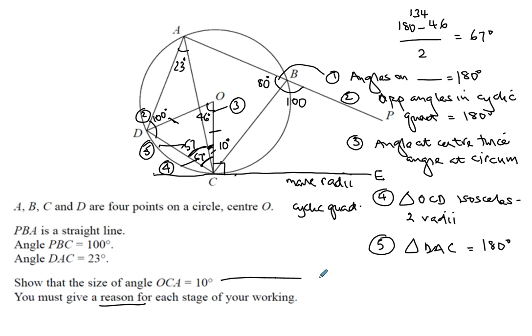And then you just talk about that one there. So 67 minus 57 equals 10 degrees. You can see that would be like a 6-mark question.